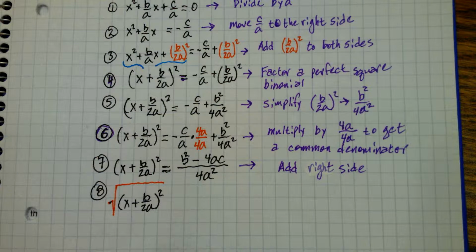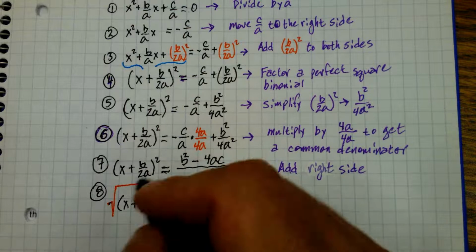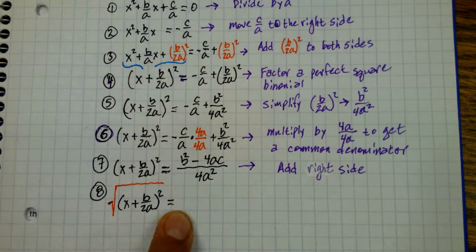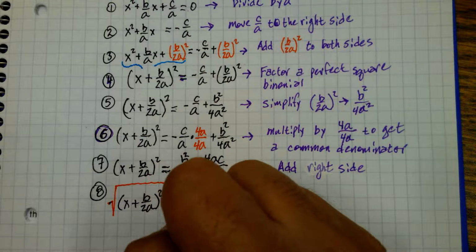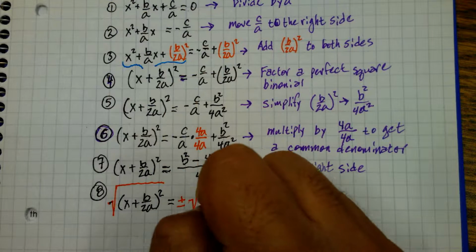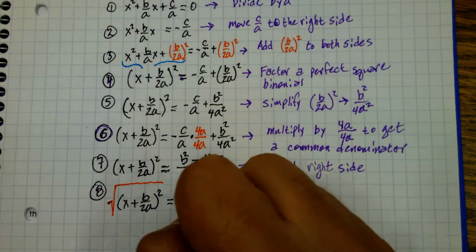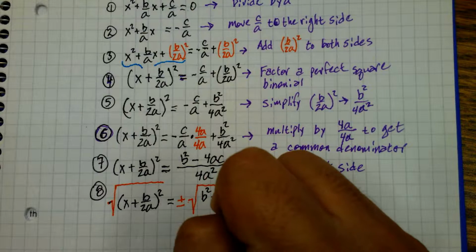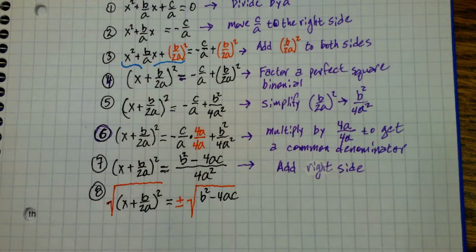And then we still have to do that over here on the right side. So equals, since the x is over here, we have to have plus or minus all of this. B squared minus 4ac all over 4a squared.